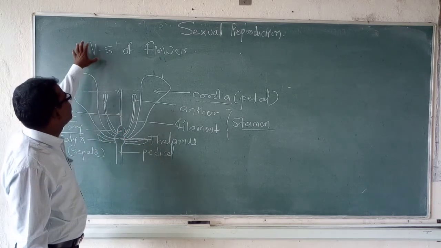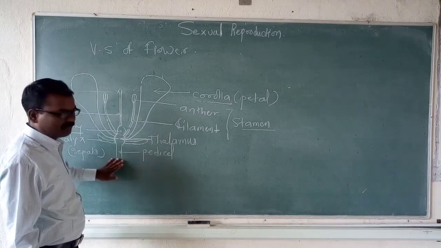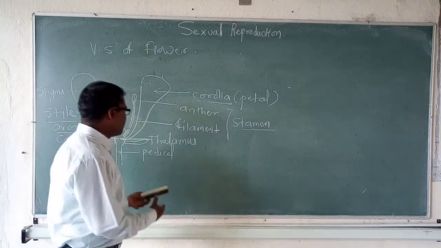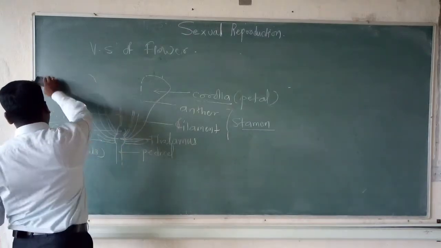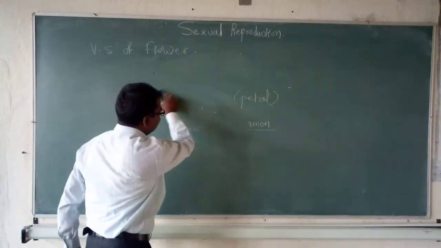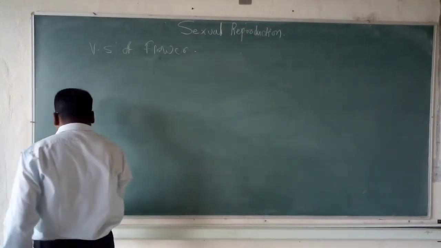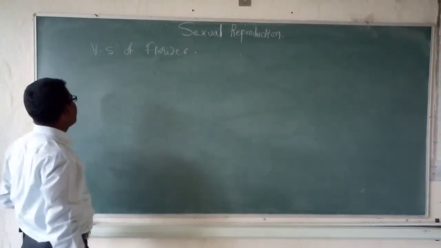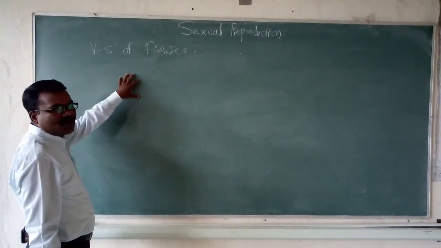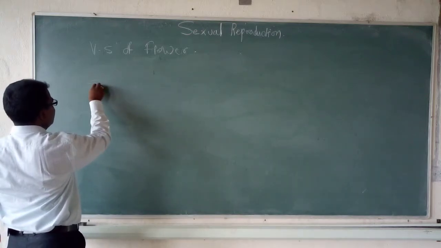This is the typical structure of a flower by taking a vertical section. Then the next part is the development of the anther. Inside the flower, we know that the two important organs are which?